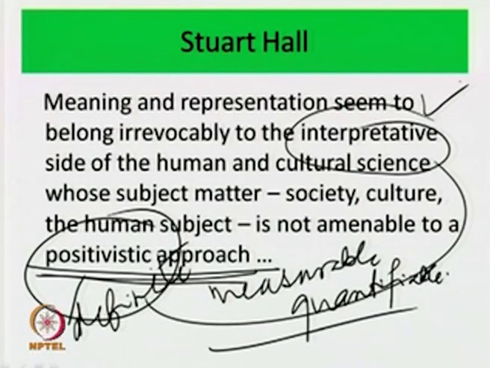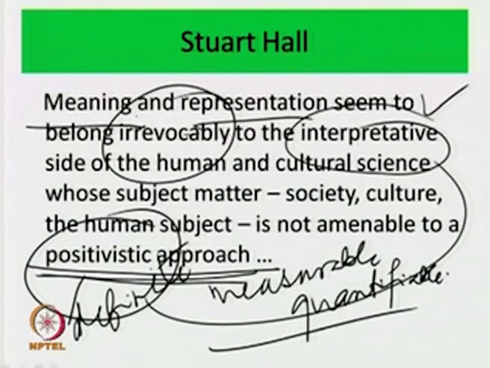On the other hand, when you look at interpretive, this is the point he is making, meaning and representation. Look at the word irrevocably: once you understand it, you cannot revoke it, you cannot take away that very quality that is there.